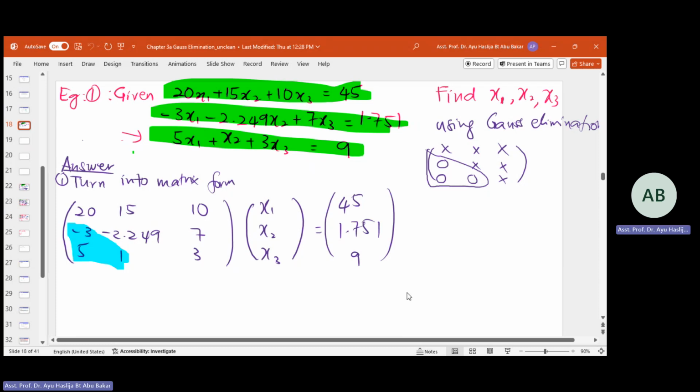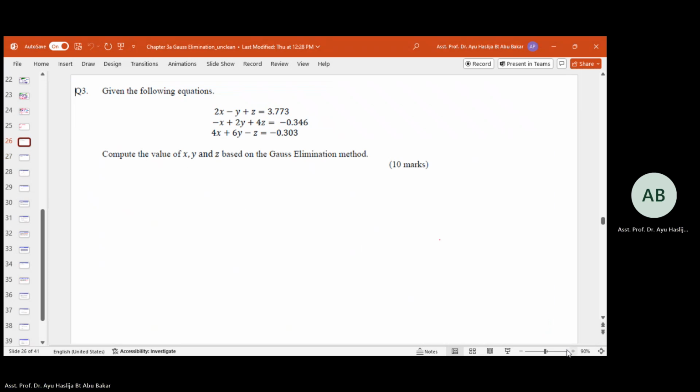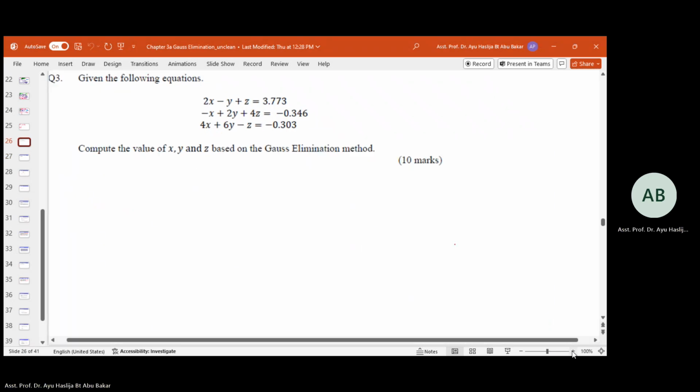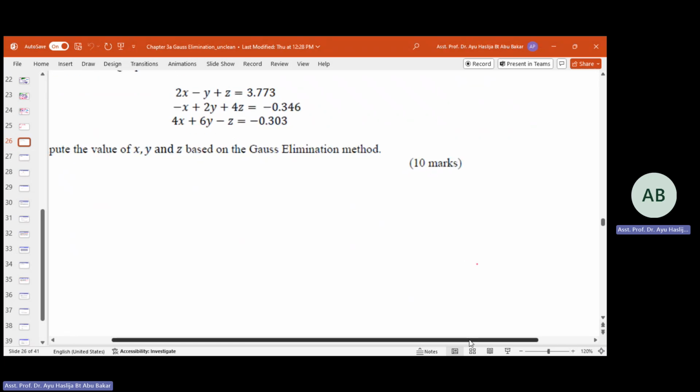For last class, any question on how to solve the matrix? Clear? So today we try to do one more exercise regarding Gauss elimination. Then later we discuss and proceed to LU.